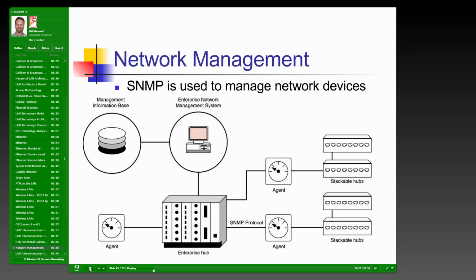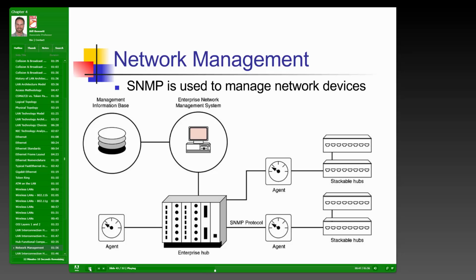Now the little Linksys switches you buy for your house and D-Link and those type of things usually won't have the SNMP or the management capability built into them. But your high-end stuff that's used in enterprise-based networks, usually, in fact, that's one of the things when you're looking at the specs, if it says it's a managed switch, usually that's what it means, that it supports one of these management protocols like SNMP or RMON.